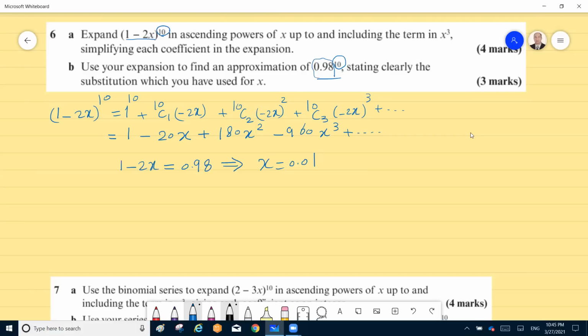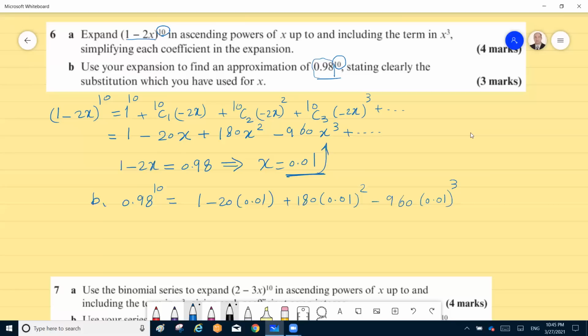This means the value of 0.98 to the power of 10 is found when you substitute this value of x in the expansion: 1 minus 20 into 0.01 plus 180 into 0.01 squared minus 960 into 0.01 to the power of 3.